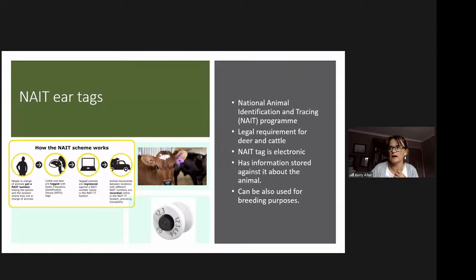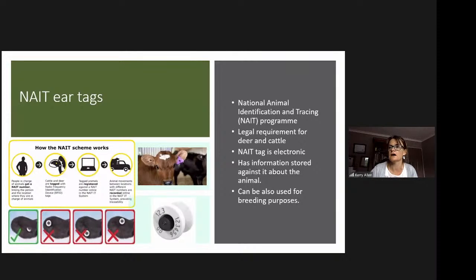Ear tagging, this is to do with registering them for notifiable diseases, so cattle and deer, or just for registering for your breeding purposes and to keep an identification of what you've done to what animal. Remember, you have to record all drugs that you've used. They cannot go to the works for a particular period of time if you have drenched them, okay?